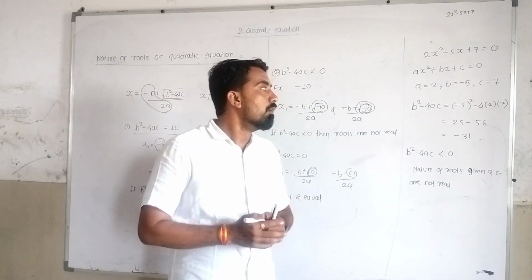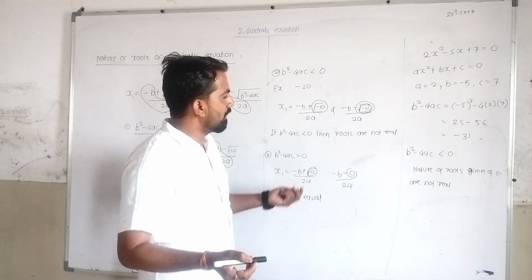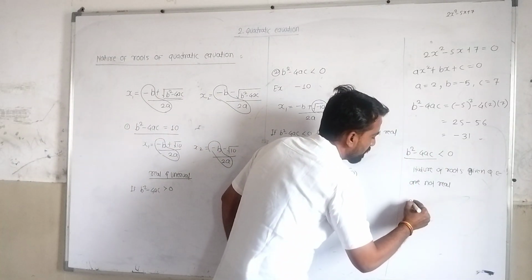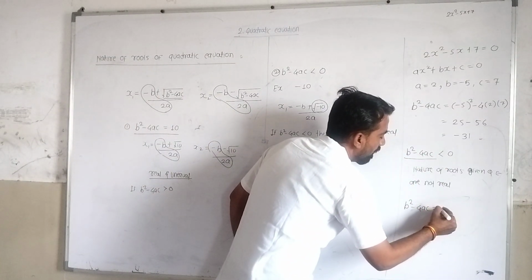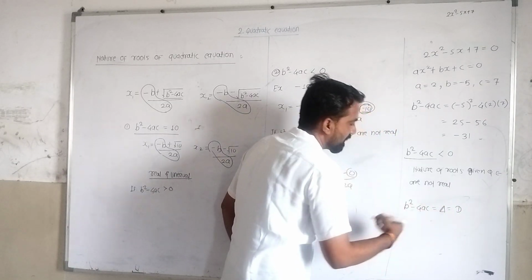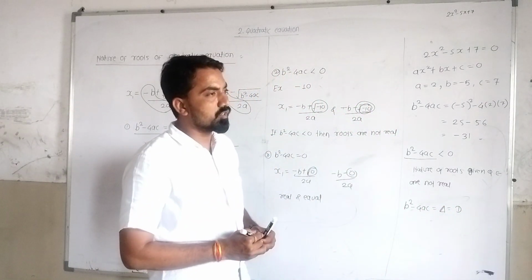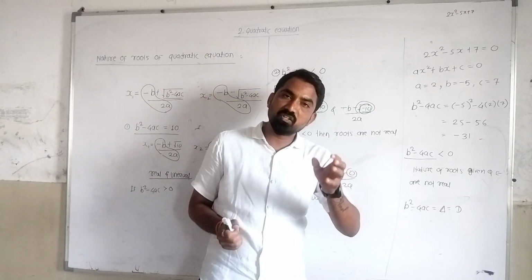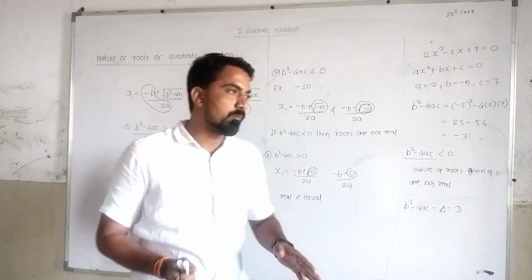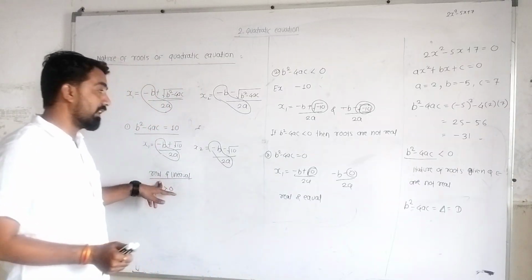So in this way we can determine the nature of roots of a quadratic equation by finding the value of b square minus 4ac. We can denote this value by delta or by D, or we can say that this is the value of the discriminant. Simply, if the value of the discriminant is greater than 0, the roots of the quadratic equation are real and unequal.